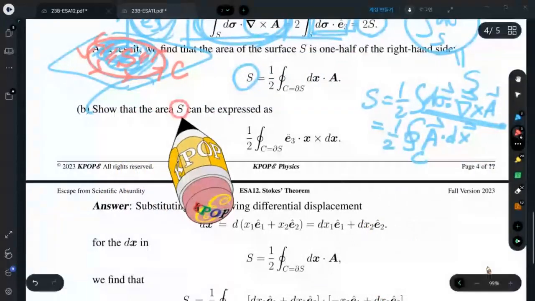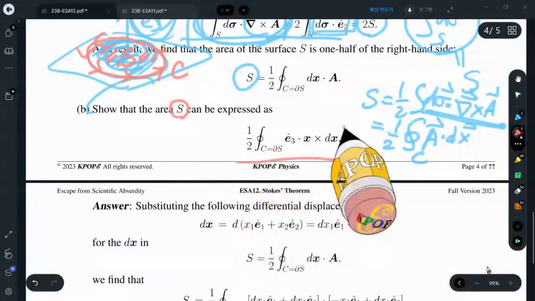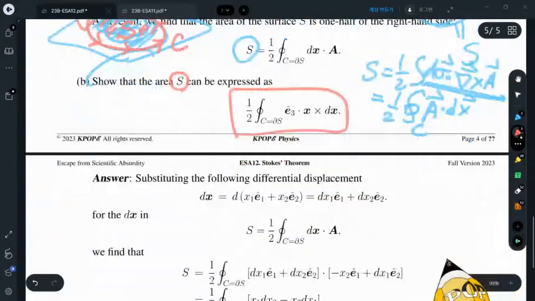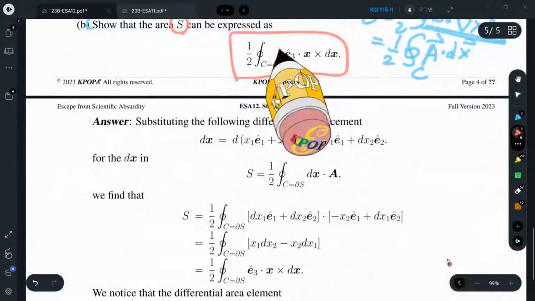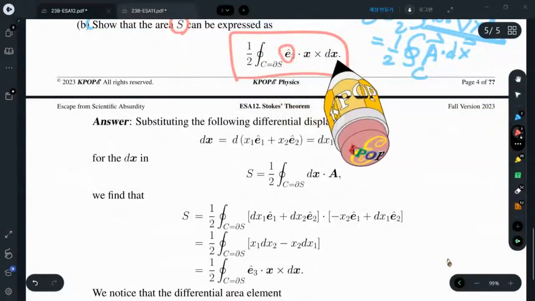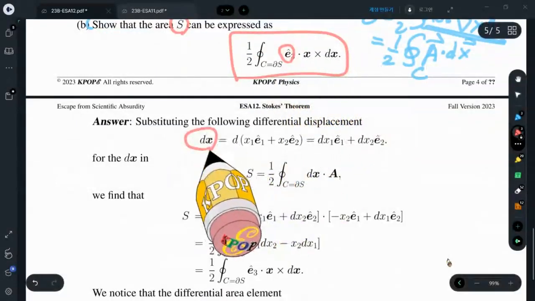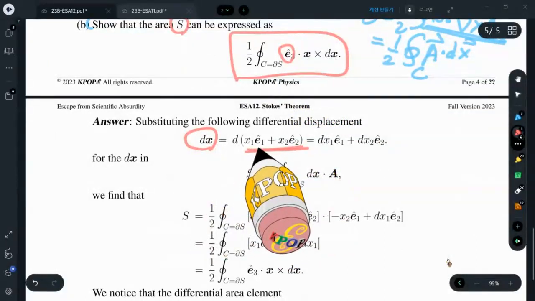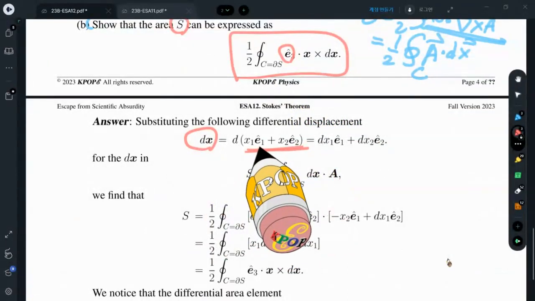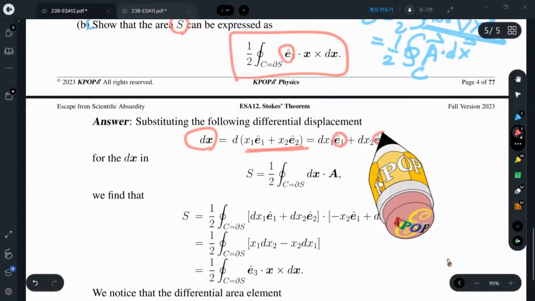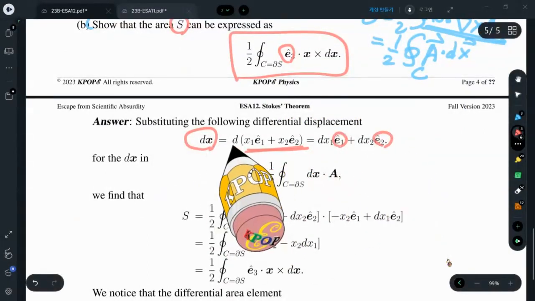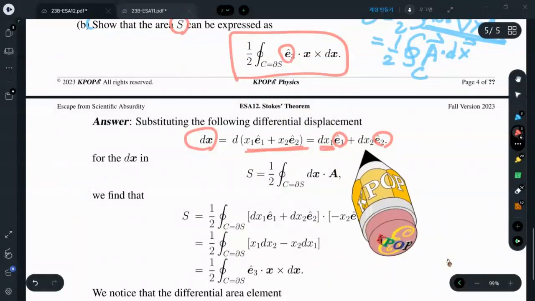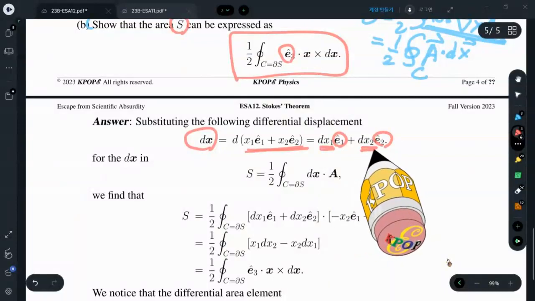Show that the area S can be expressed in this manner. Let's see. e3 dot x cross dx. If we use Cartesian components, these vectors are constant, so the differential is only for the components.